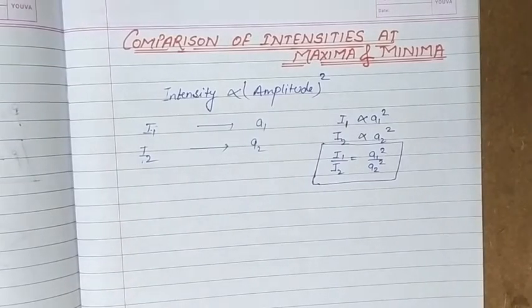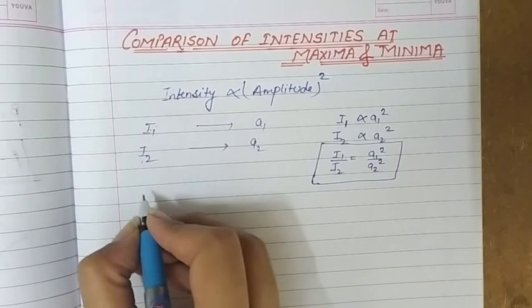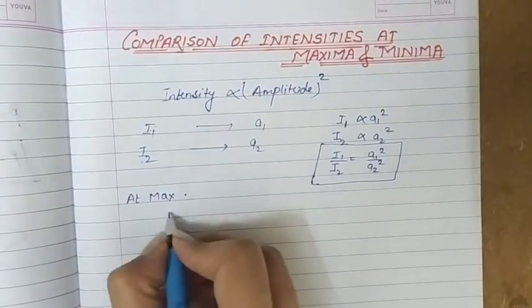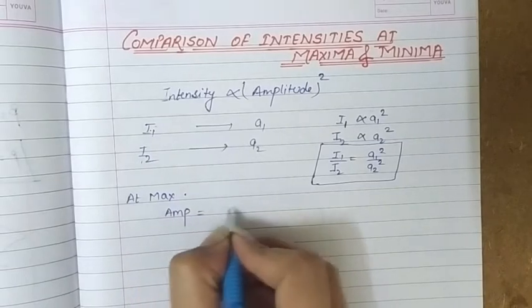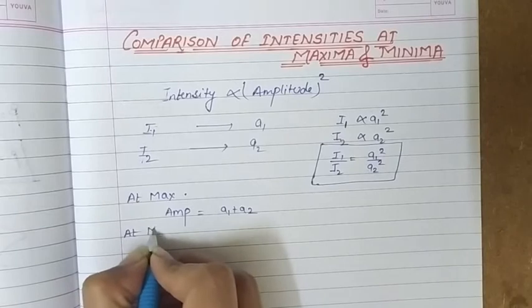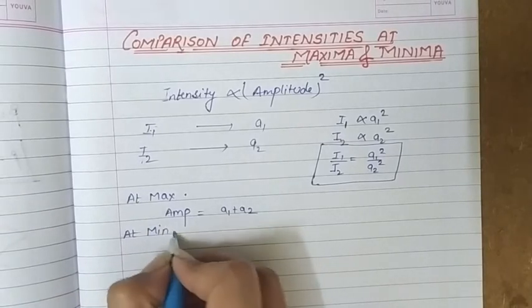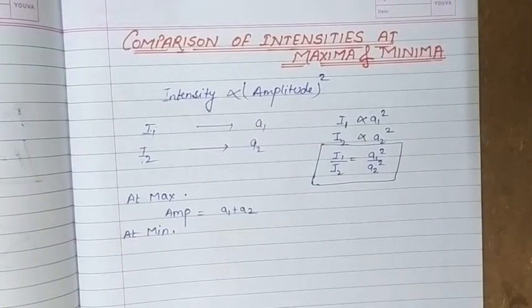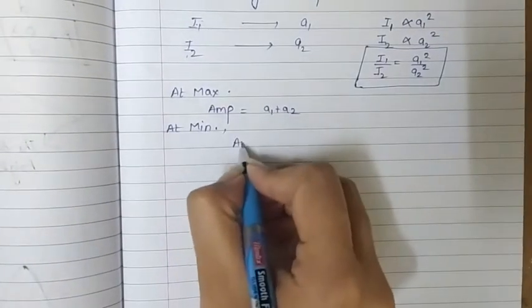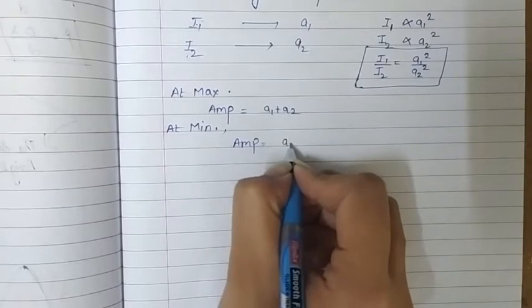Now the amplitude at a maxima in interference pattern can be given as the addition of these amplitudes. So at maximum, the amplitude we get will be A1 plus A2, and at minima, or the point at which we are getting dark fringe, the amplitude is equal to A1 minus A2.